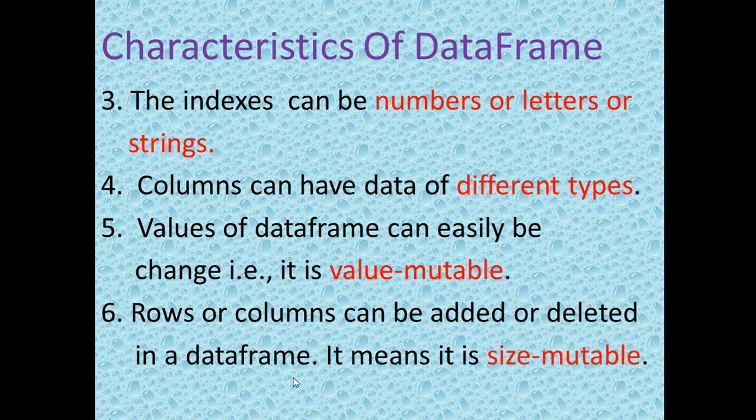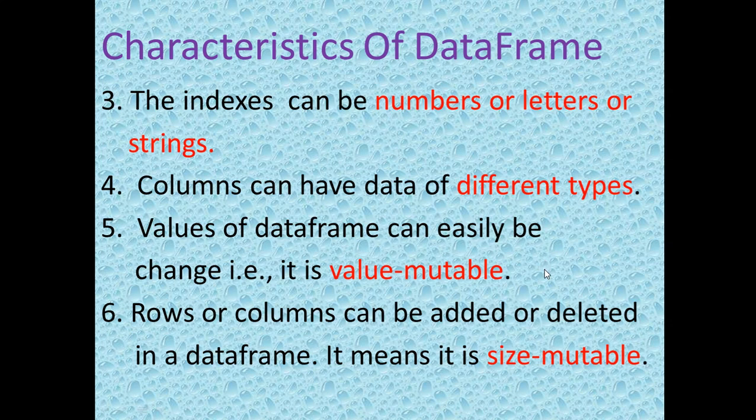That means its size is mutable. The size of the data frame is recognized by its number of rows and its number of columns. So not only the values but the size of the data frame is also mutable. These were the characteristics that you need to note down and remember.